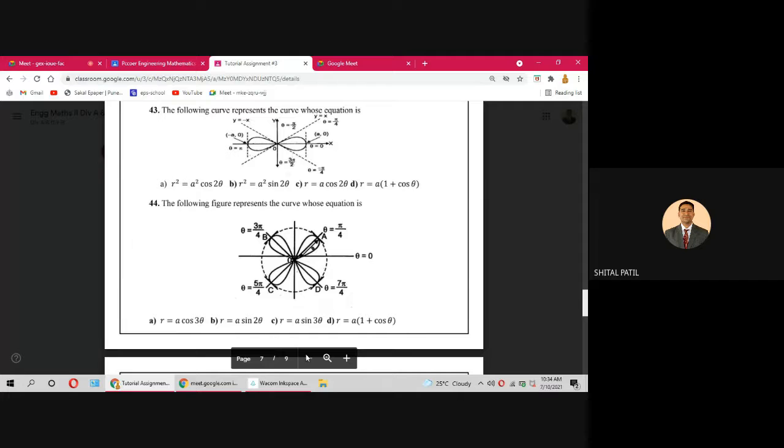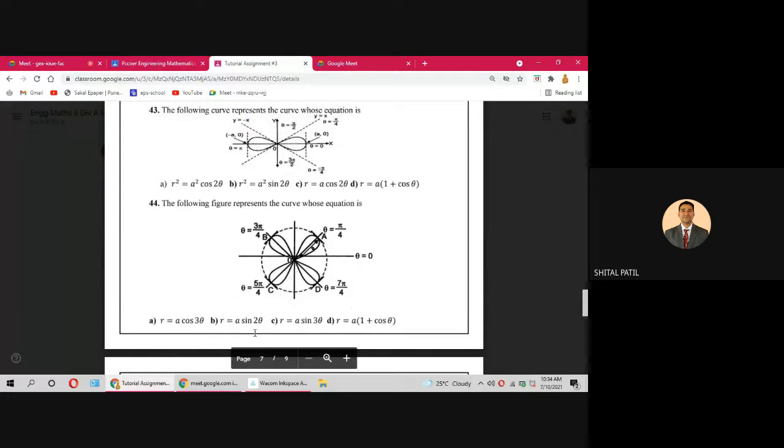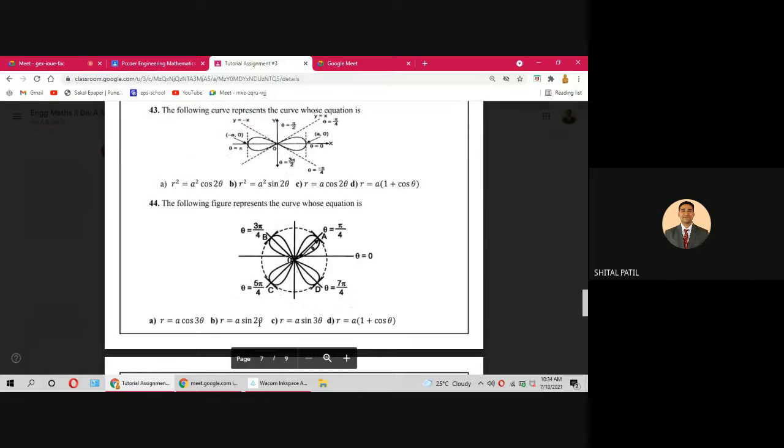So n will be equal to 2. Now again, actually it is not required here, but we'll try to understand it. See, A option there is n equal to 3, cannot be the answer. B option n equal to 2. C option n equal to 3. Last is cardioid. Okay, so correct option is B, r equal to a sine 2 theta.